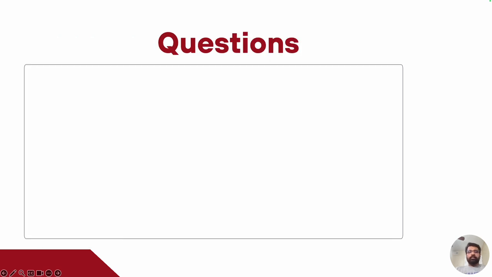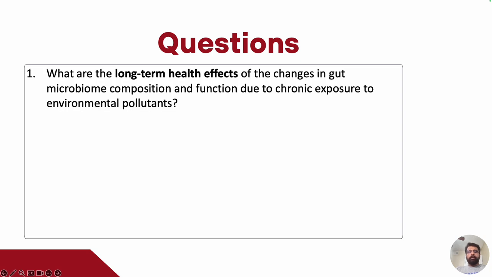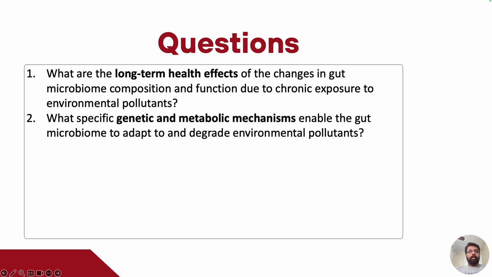A couple of questions that we can think of related to this paper, maybe for future study. What would be the long-term health effects of these changes in the gut microbiome due to chronic exposure to environmental pollutants? And what specific genetic and metabolic mechanisms enable the gut microbiome to adapt and degrade the environmental pollution?